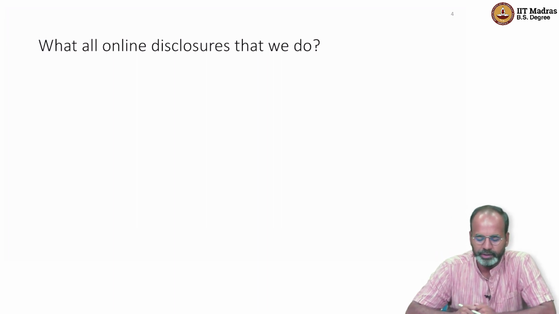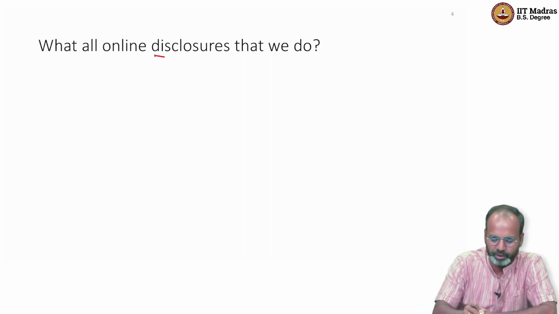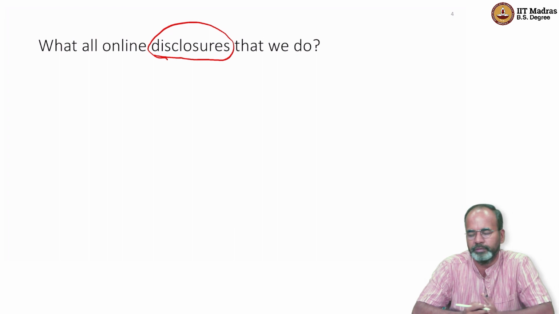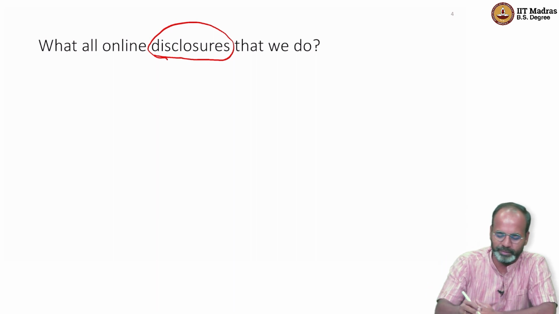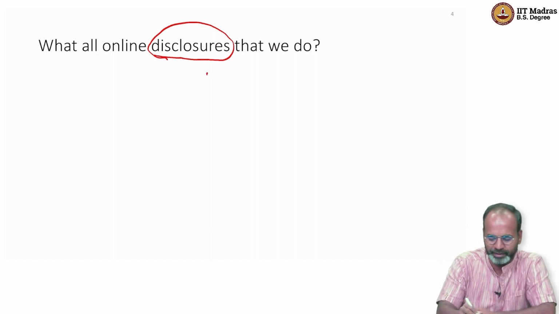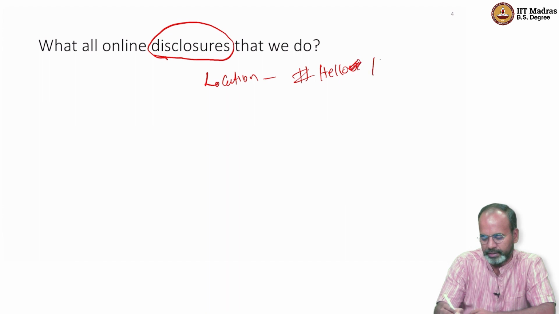What all online disclosures do we make? Disclosure, if you have to define it loosely, is information, data, context, all that we provide online. What all do we do? For example, in my case, I say the location of my travel, hashtag Delhi.